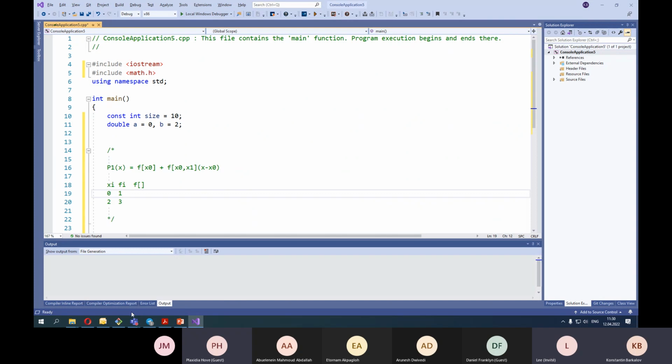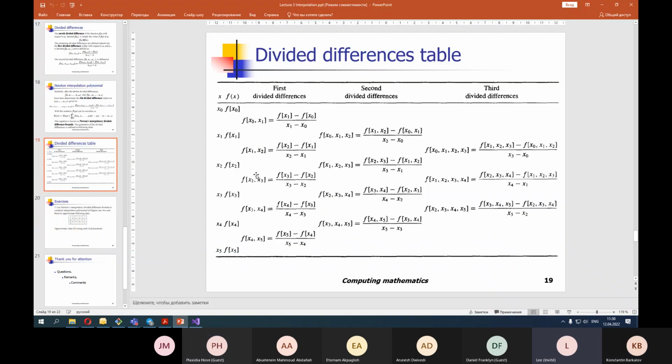Can I please see the table? The table is in your presentation also. I sent it to you last week and you should have it. But okay, I will show you this table one more time.